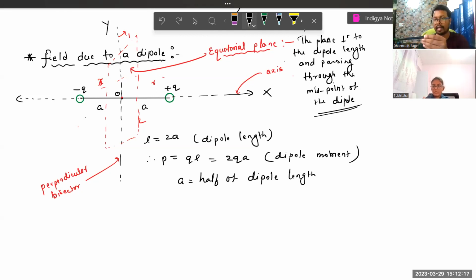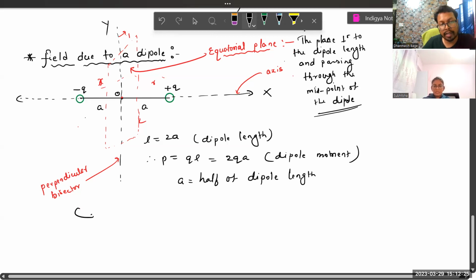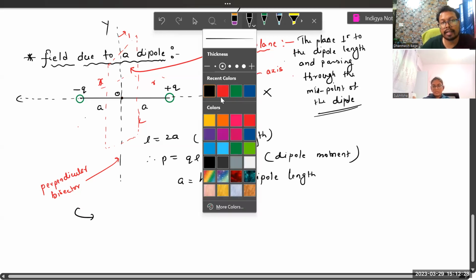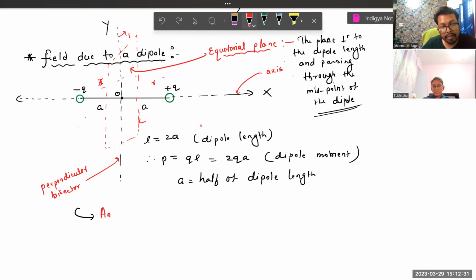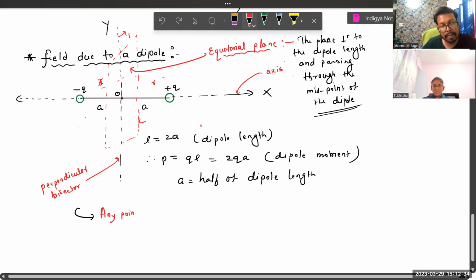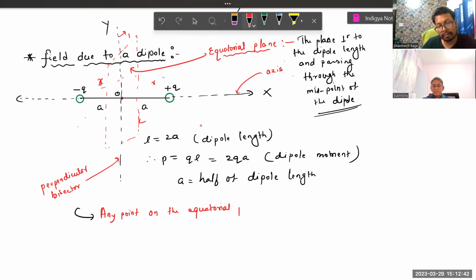Very important point: any point on the equatorial plane is equidistant from plus q and minus q.